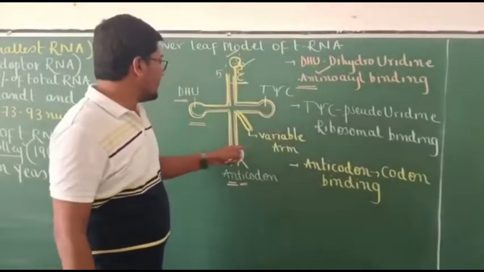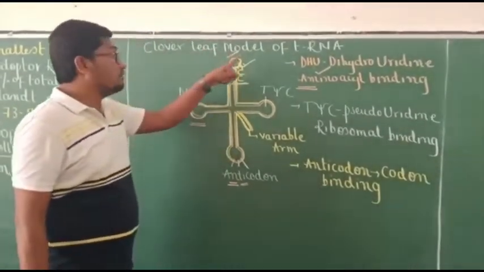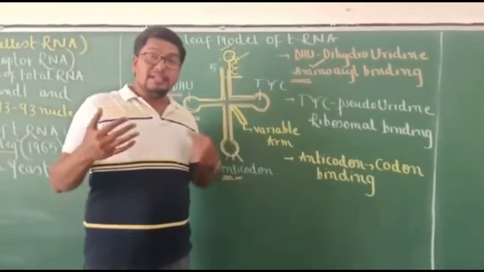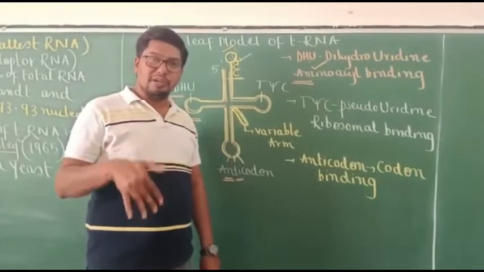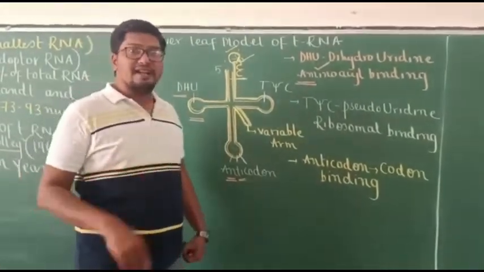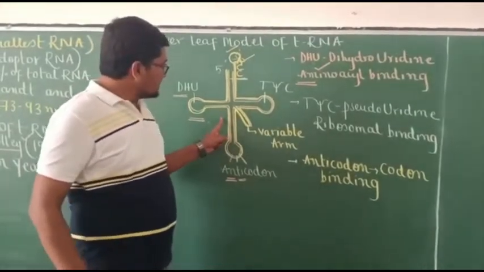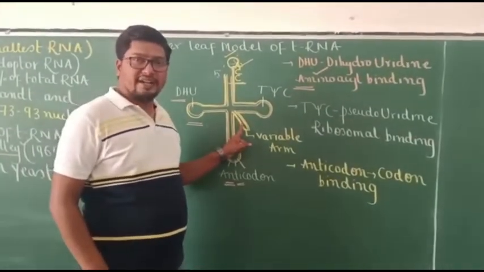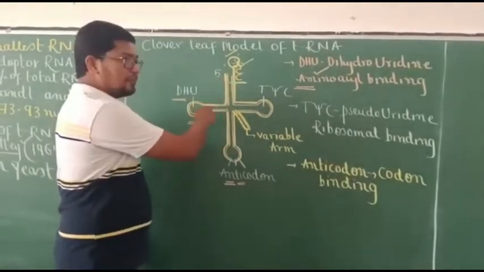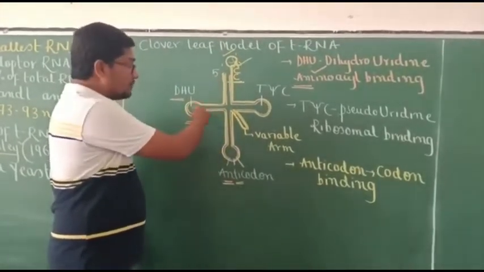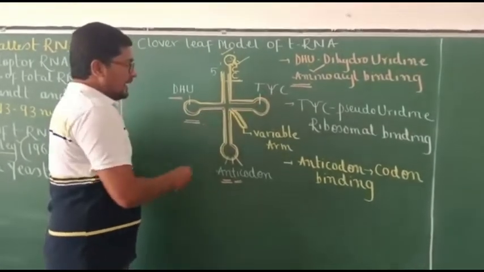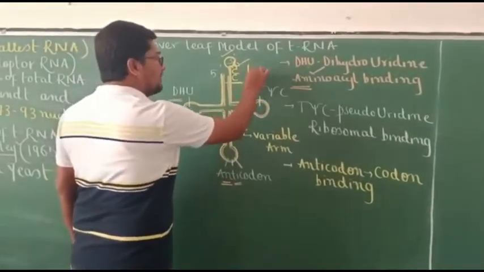So in this way, when we look into the cloverleaf model of tRNA, tRNA appears like the leaf of the trifolium plant, because RNA is actually a single stranded molecule. But if you see this diagram, you feel like it is double stranded. Actually, it is not double stranded. It is just folded upon itself. By folding upon itself, it forms various arms, and every arm is going to have a loop.